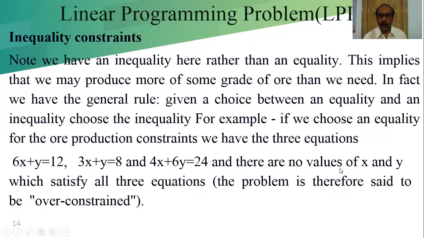And there are no values of x and y which satisfy all 3 equations. The problem is therefore said to be over constrained. If we do this, we cannot find the values of x and y which satisfy all 3 at a time.